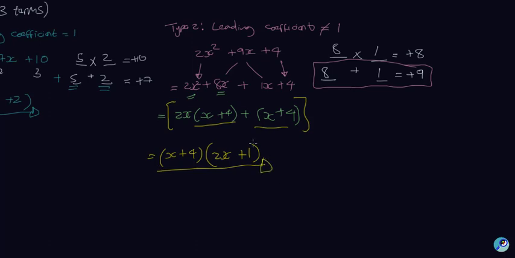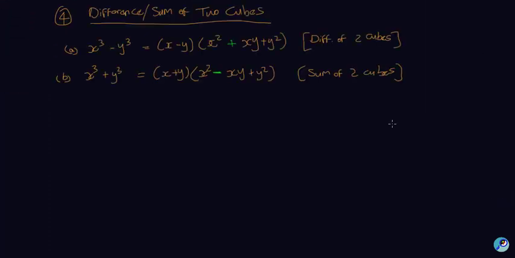How do we factorize this? Let us do the last method of factorizing now. Okay guys, so our last method is the difference or sum of two cubes. It's almost similar to the difference of two squares, but here we have cubes, not squares.